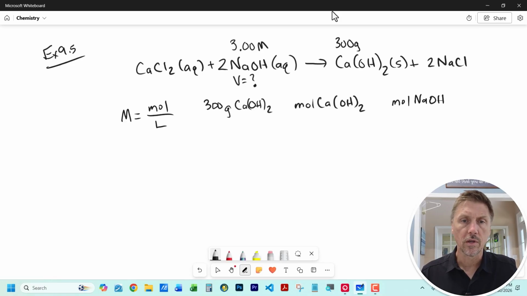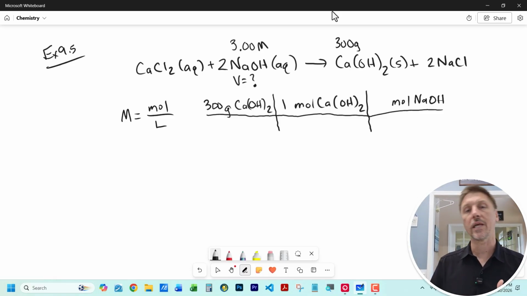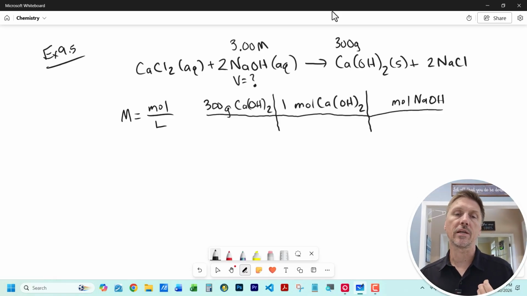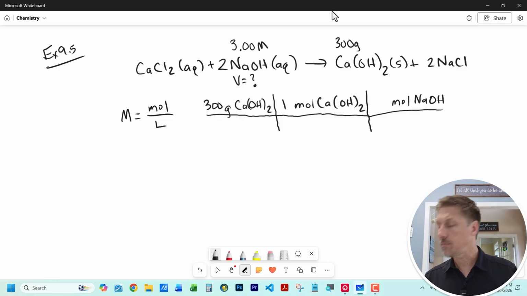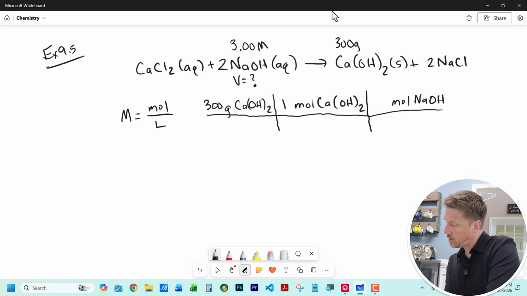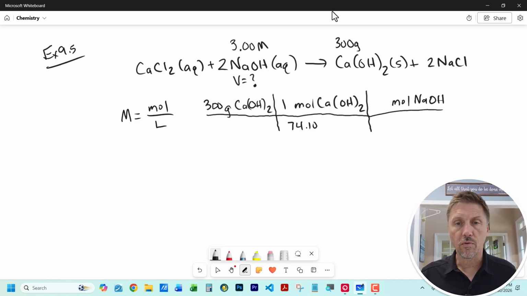So 300 grams of Ca(OH)2, and we're going to multiply that by 1 mole of Ca(OH)2 is equal to, we go to our periodic table, we say what would the atomic mass be if we have 1 Ca, 2 O's, and 2 H's, and we come up with an atomic mass of 74.10 grams, which is therefore the molar mass of Ca(OH)2. Right, so grams will cancel out.